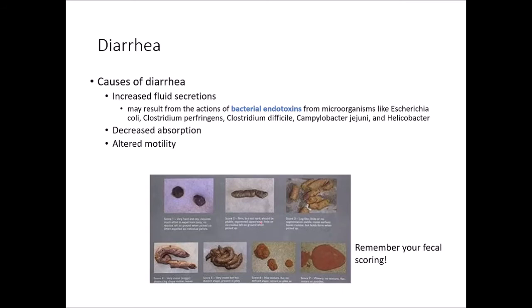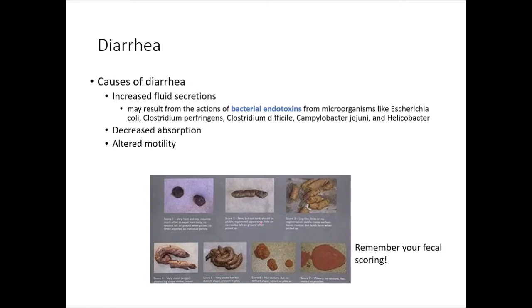Also altered motility. If we're not moving things through appropriately, we're going to have some changes as well. Or if we're moving things by too quickly, there's not enough time to reabsorb the water. So remember your fecal scoring so you can determine if we're at the stage where we're starting to see some diarrhea. Okay.